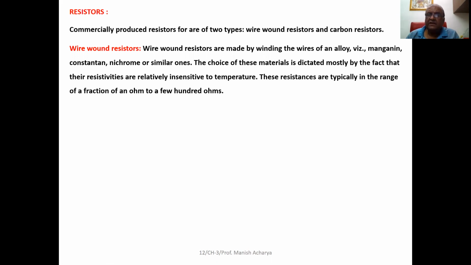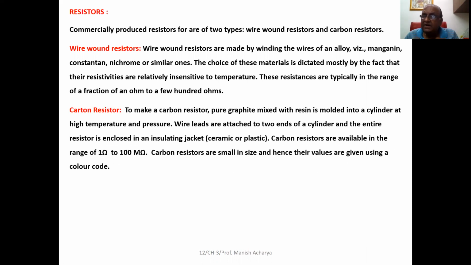Okay. Now, at present, carbon resistors are widely used commercially. Why? Because they are very small in size and have a wide range, 1 ohm to 100 mega ohm. In that wide range, carbon resistors are available. Okay.